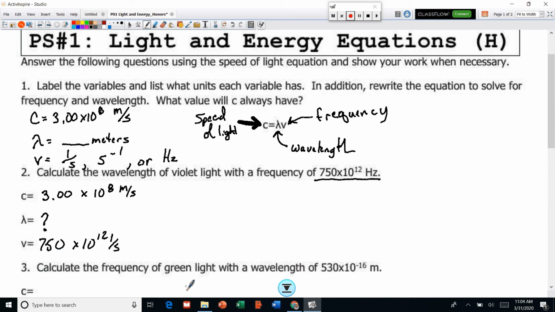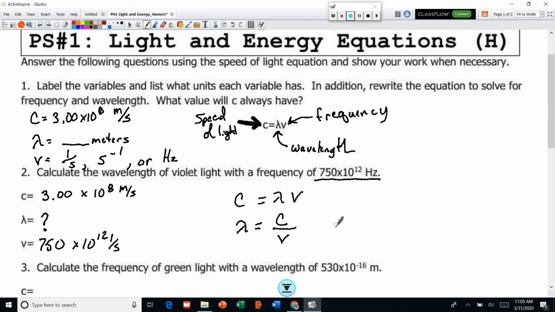All right, our formula: C equals wavelength times frequency. So that means that we can manipulate to solve for wavelength. And so that means that wavelength is equal to speed of light over frequency.